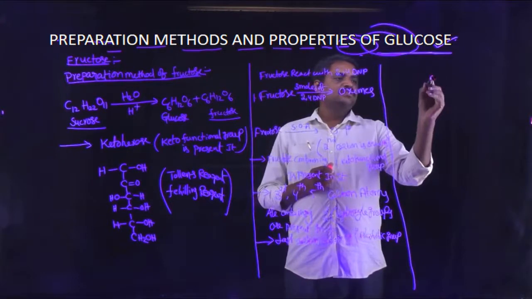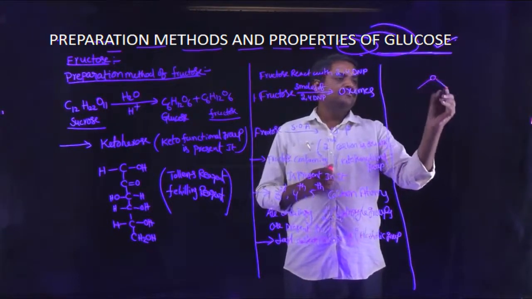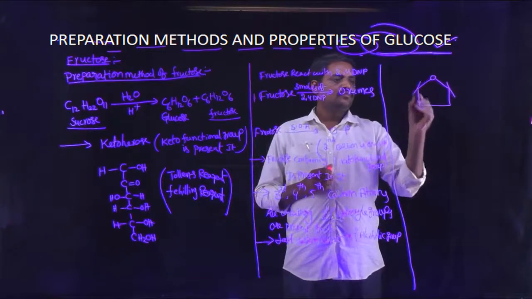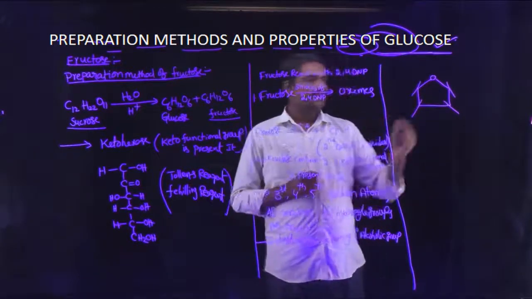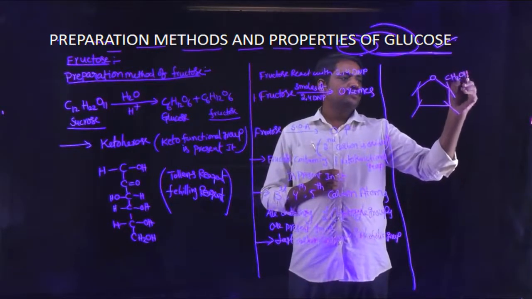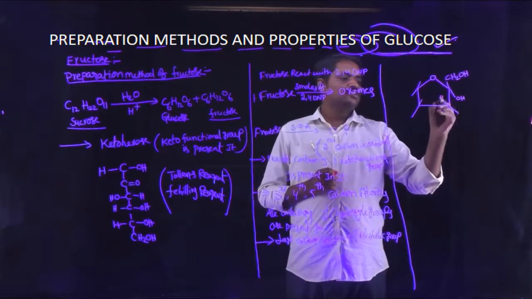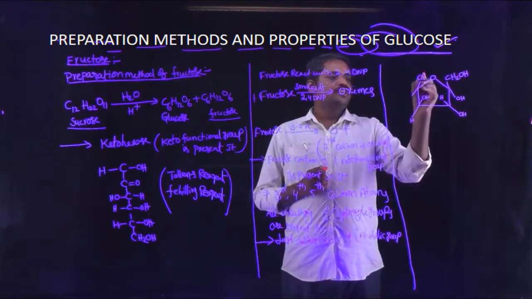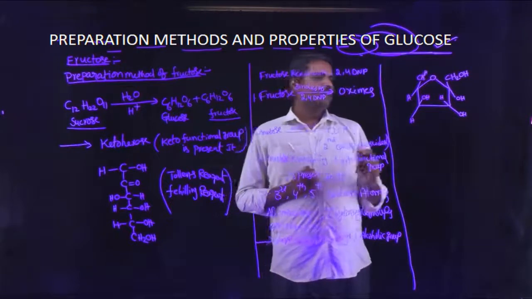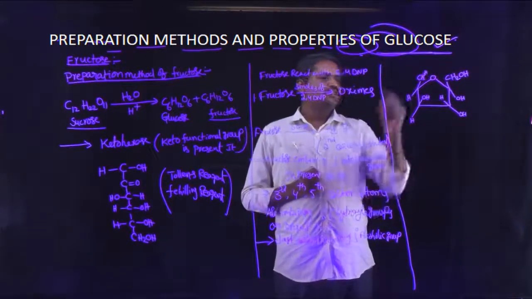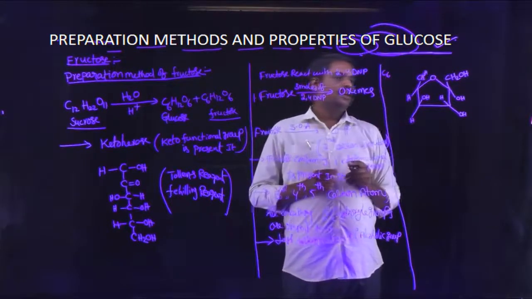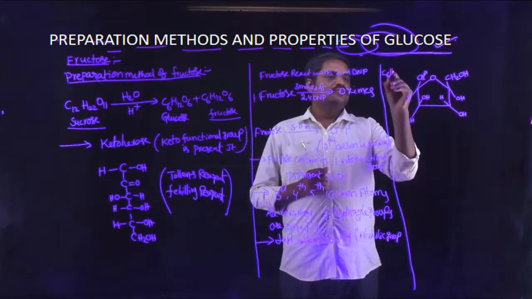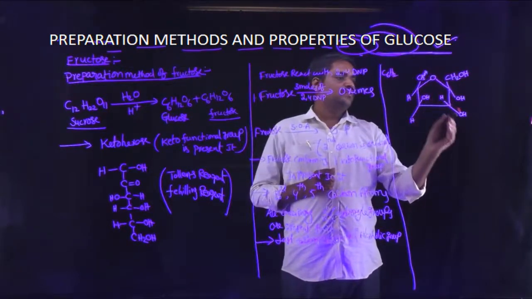So the structure is a 5-membered ring attached with oxygen, with CH2OH, OH, H, OH, OH, H, CH2OH, H. So totally 1, 2, 3, 4, 5, 6 carbons are there, C6, and 12 hydrogens, and 6 oxygens.